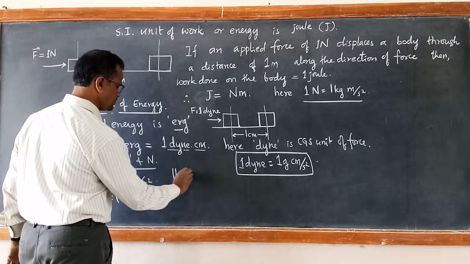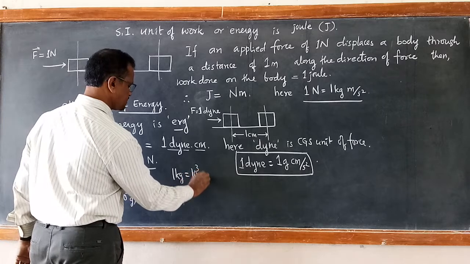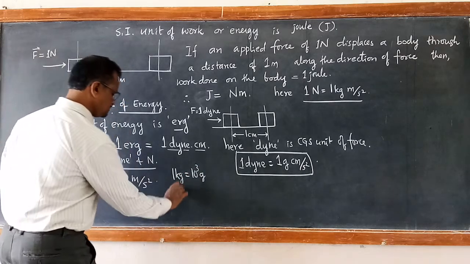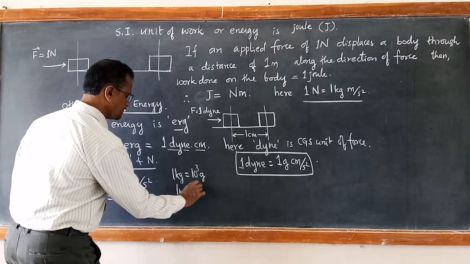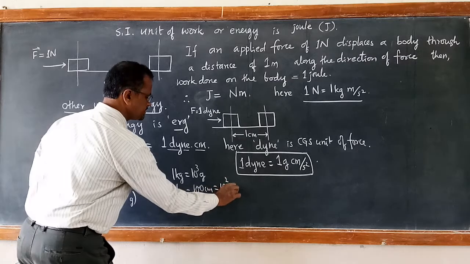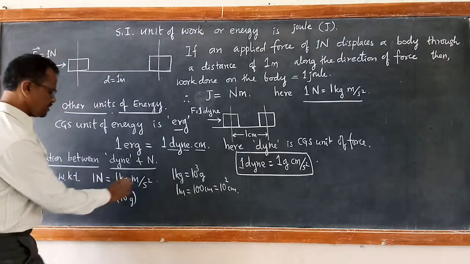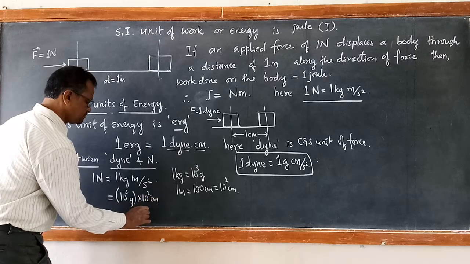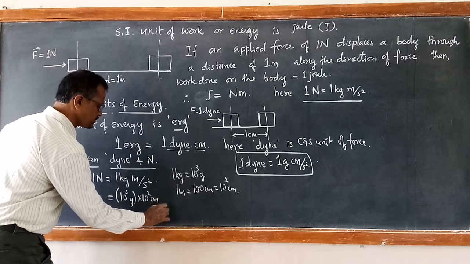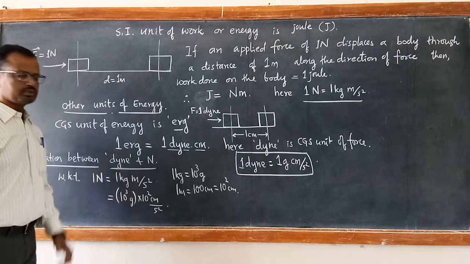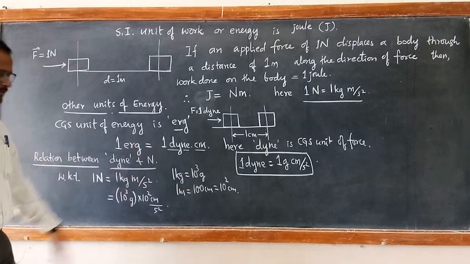10 raised to 3 grams. Then 1 meter is equal to how many centimeters? 1 meter is equal to 100, that is 10 raised to 2 centimeter. Substitute here. Therefore, now you can write 10 raised to 3 into 10 raised to 2, 10 raised to 5.